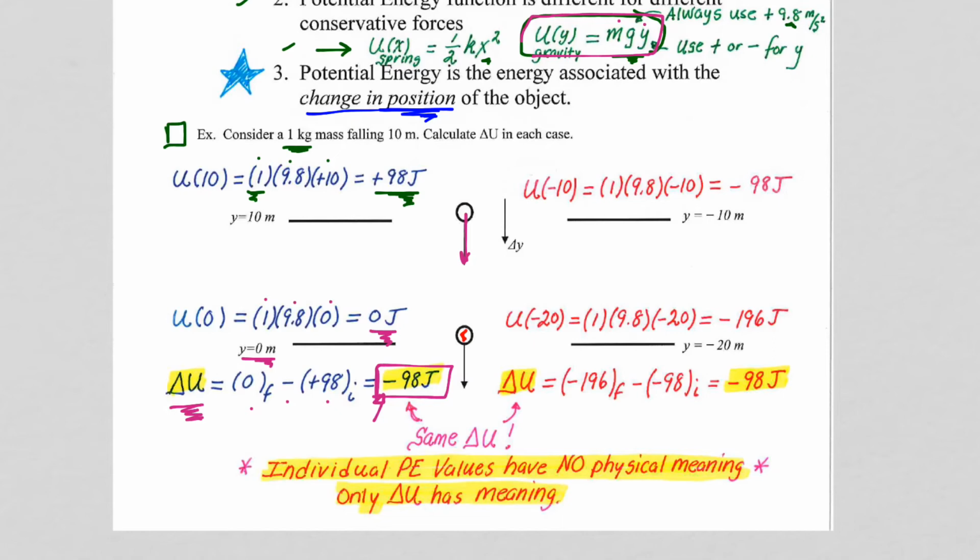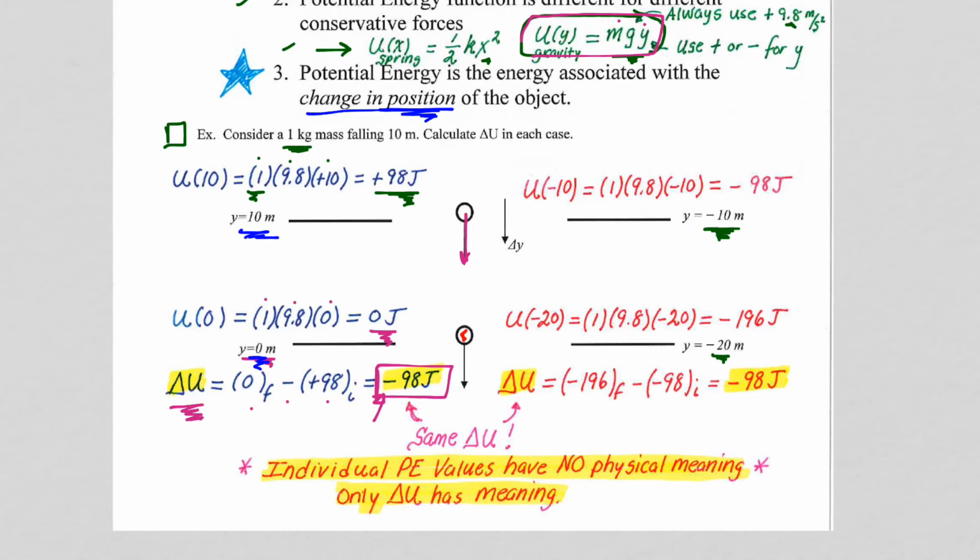In terms of individual potential energy values not having specific meaning, those joule values, let's say instead of going from position 10 to position 0, we went from position negative 10 to negative 20. Now, we still went down by 10. Now, you're going to see some things stay the same, but some things are drastically different.